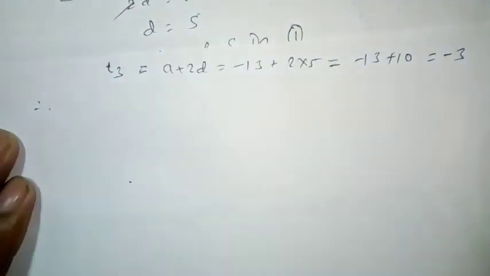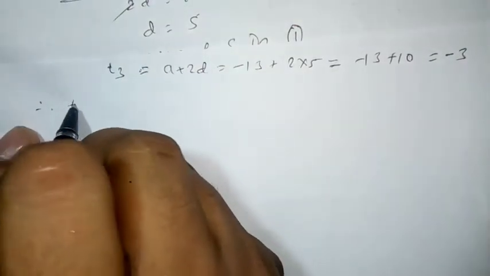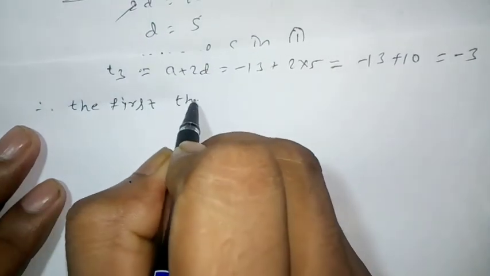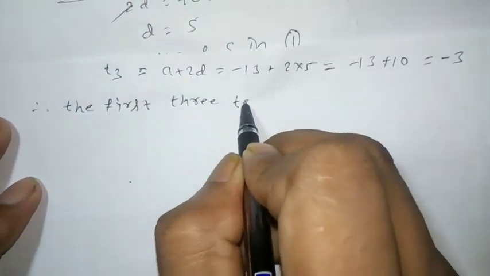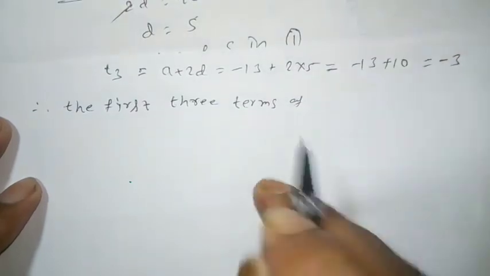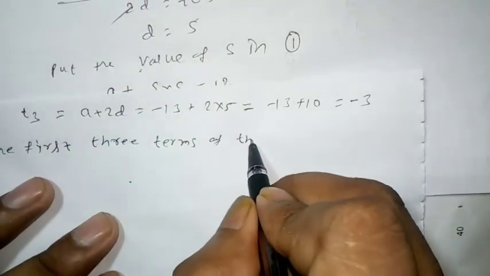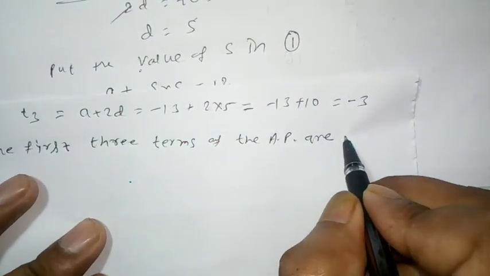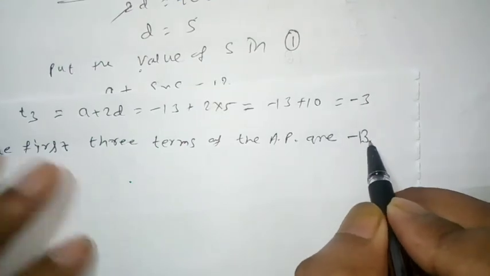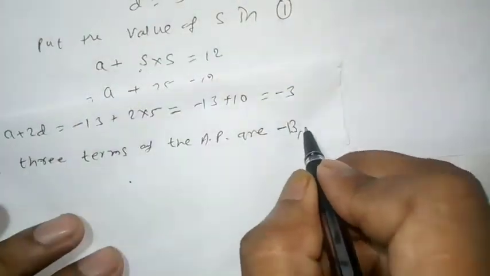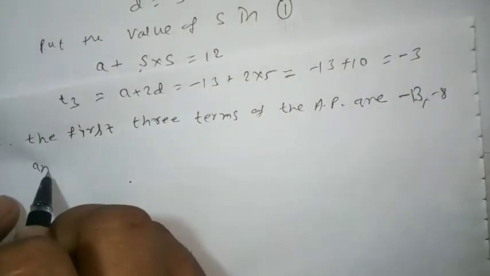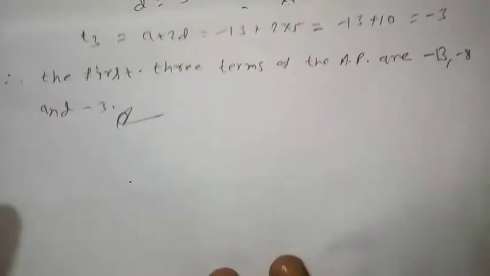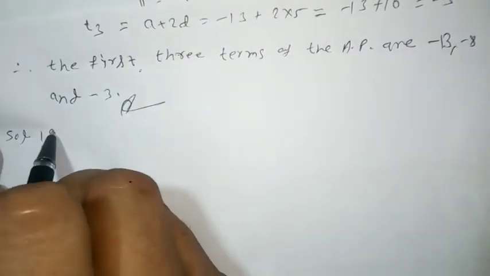Therefore, the first 3 terms of the AP are minus 13, minus 8 and minus 3. Answer.